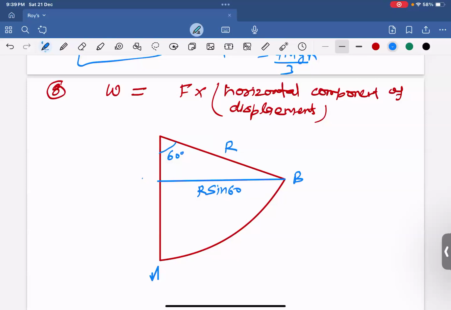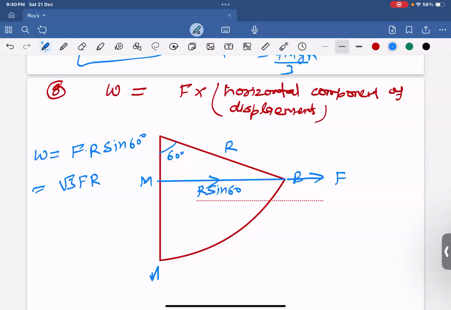Remember, I am only trying to find this distance because the force is applied horizontally, so the displacement should also be taken in the horizontal direction. That is R sine 60. It means work done is F R sine 60 degrees, that is root 3 by 2. So it is root 3 FR by 2. Understood? Yes, sir. Understood.